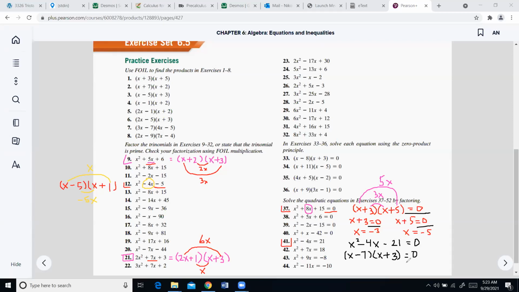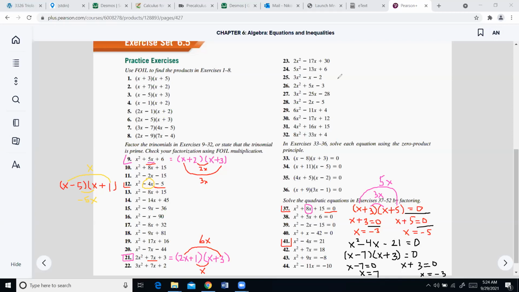And notice that when I have -7x inside and 3x outside, I get -4x as the result. So now I'm going to finish this exercise. I write that each factor is equal to 0, either first or second, like that. And then find x. X could be 7 or negative 3. And that's all we need. So we found two answers for this equation.